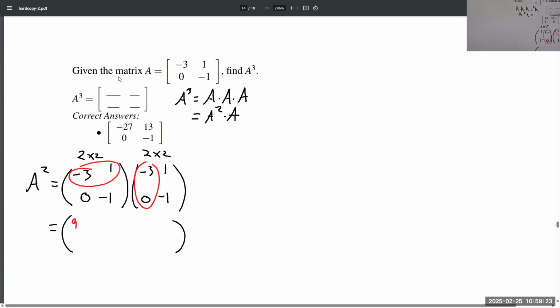Oh, that wasn't so bad. Row by column. Negative 3 times 1 is negative 3, and then that would be another minus 1. Okay. Row by column. 0, 0. That wasn't so bad.